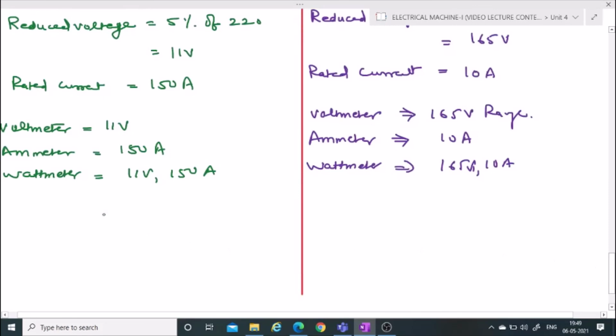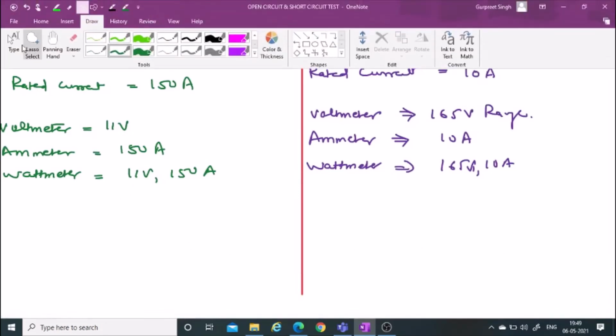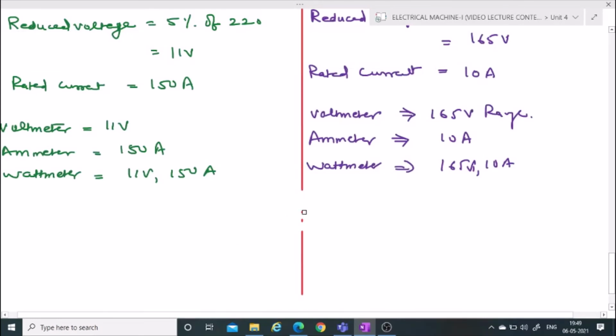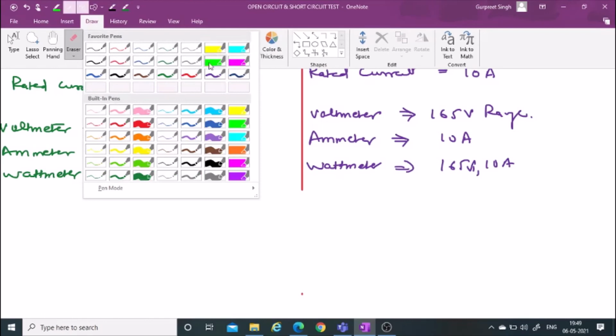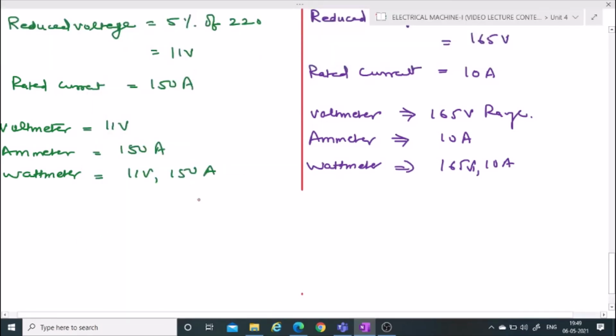So now comparing these two, we can easily say that the instruments required for the high voltage side in the short circuit test are readily available, because we can easily arrange a wattmeter of 165 volt and 10 ampere, but we are not able to arrange a wattmeter with a voltage rating of 11 volt and 150 ampere current rating. There is a larger difference between the voltage and current rating.